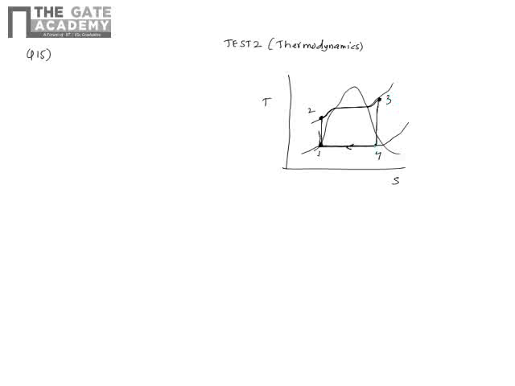But the problem is that at the exit of the turbine, in a normal Rankine cycle, you have both liquid plus vapor state.